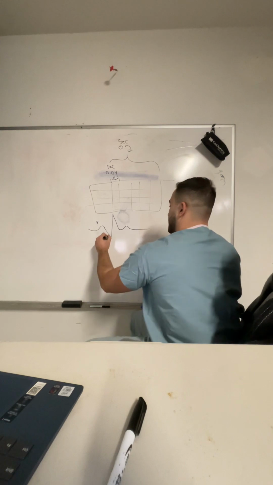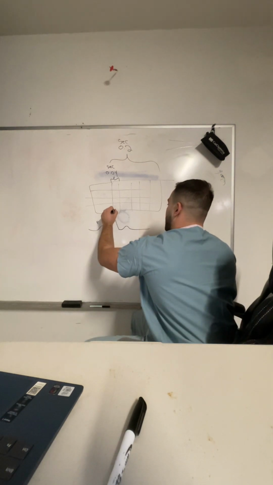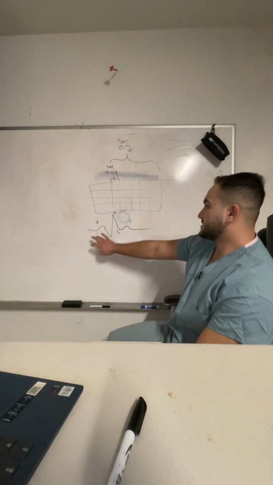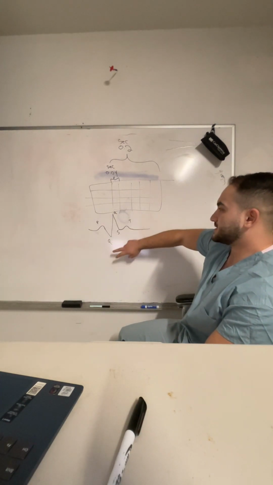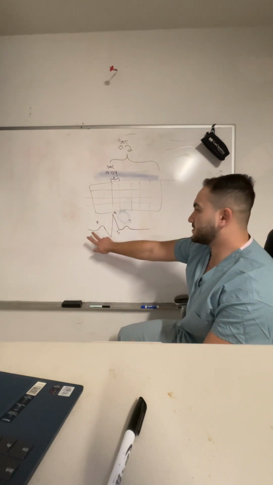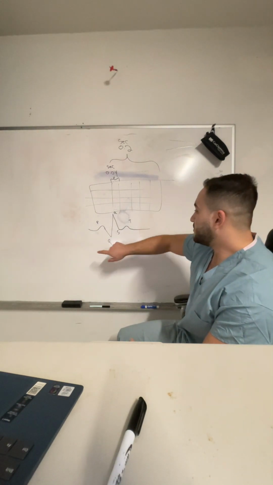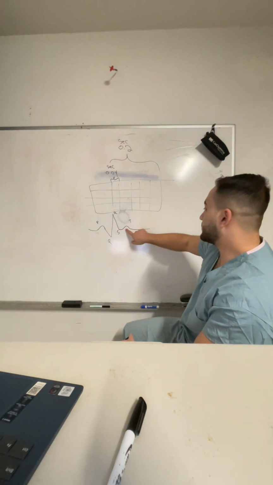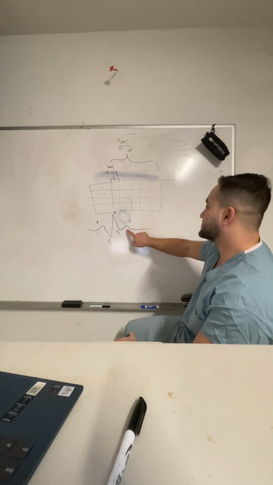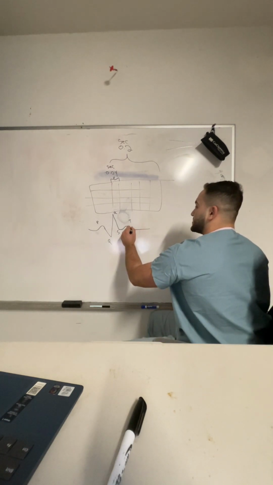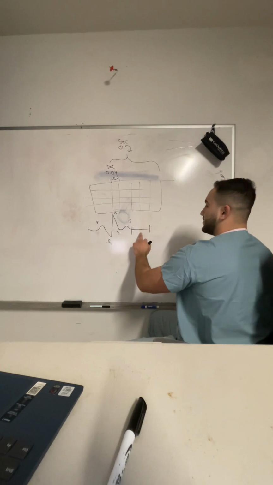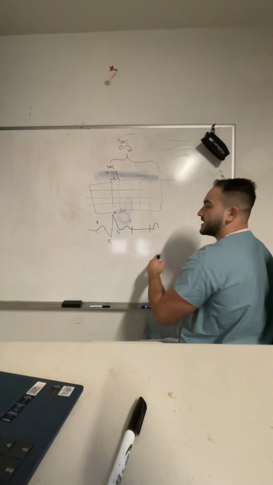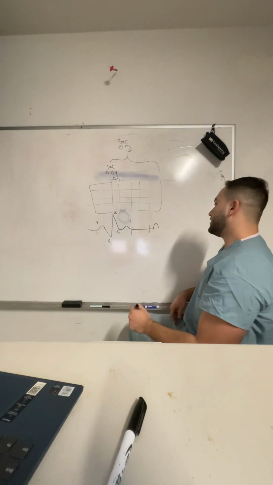So the T is our wave, the QRS is the QRS complex. So this is your atrial, this is your ventricular, and this is the reset, right? This is kind of like the repolarization of everything, where everything comes back to baseline, and then you have your isoelectric line right here. Typically after this, in a normal sinus rhythm, should come another P wave, and then the cycle repeats all over again, okay?